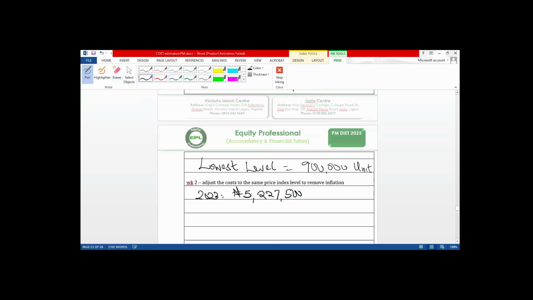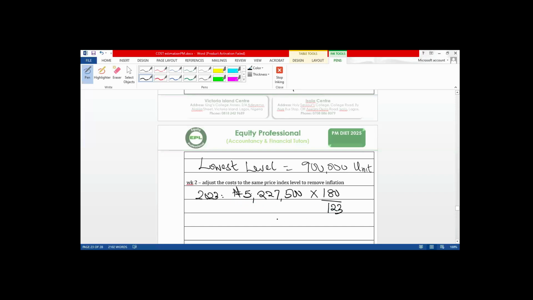And I want to adjust this to 180. Before, the price level here is 123. To adjust to 180, look at what you need to do: 180 divided by 123.